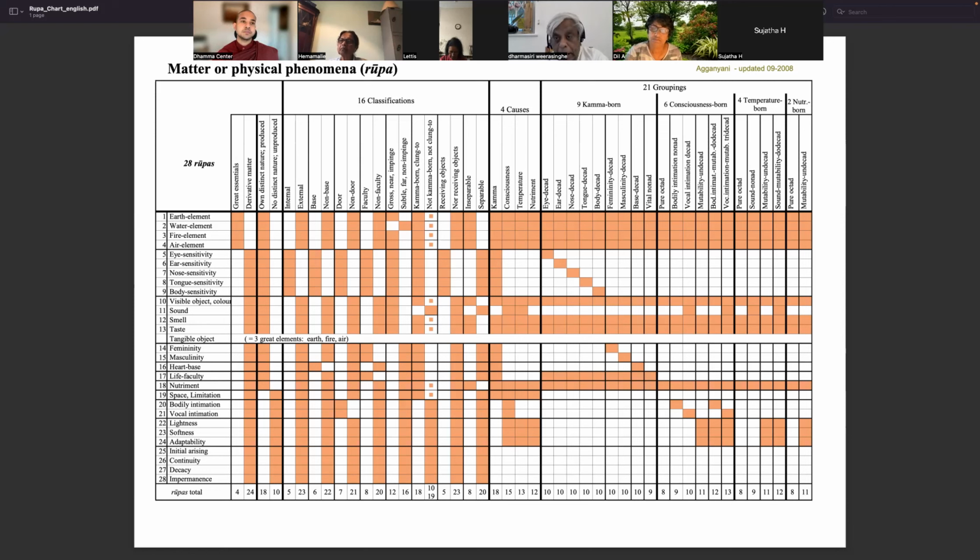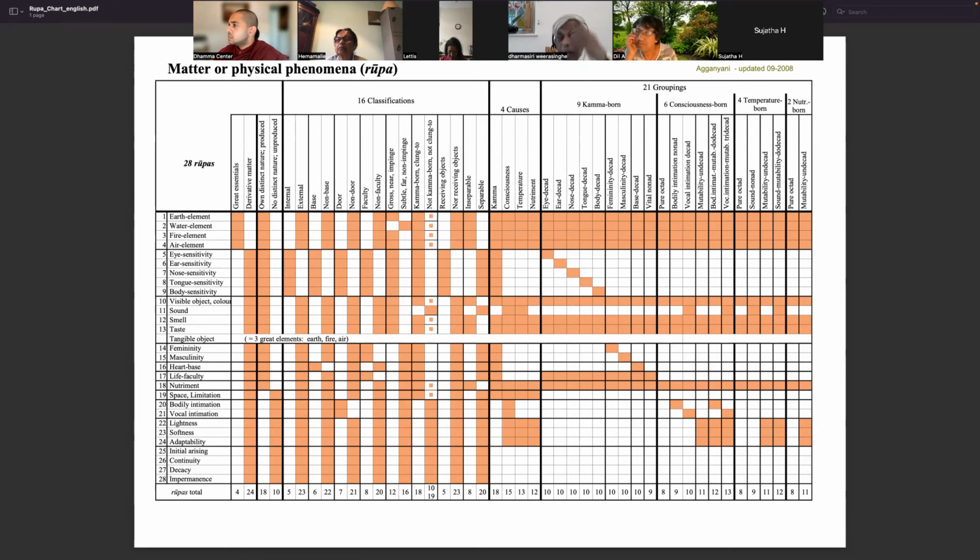So it is a process called side multiplication of rupas. The heat is developed from the tejo in your karmaja rupa, joined with the external tejo, and produces a series of kalapas, a reaction to it.